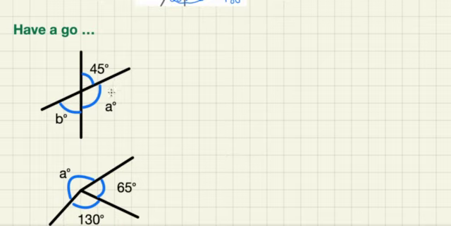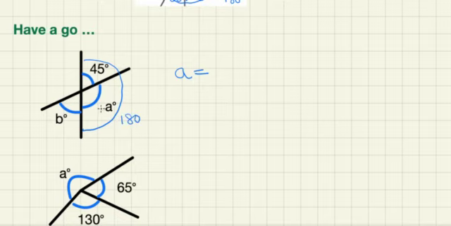So welcome back. I hope you managed to work it all out. Let's give this a go. A equals, now we know this angle here because it's a straight line, so that angle is 180.